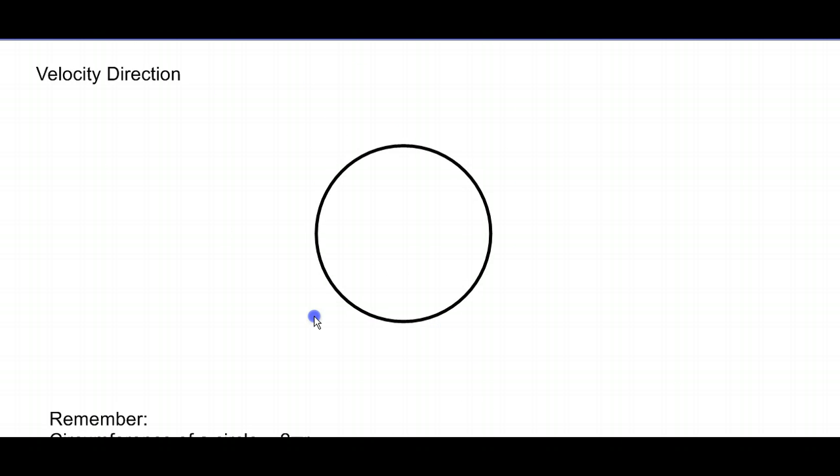Now, if we think about what is happening with this object as it travels around in its path, let's say that our object is traveling in a counterclockwise path. So it's traveling this way around. So this is the object's path. If we can imagine at 4 different points what's happening with the velocity, we would see that at the side here, if it's traveling counterclockwise, its velocity would be going up this way.